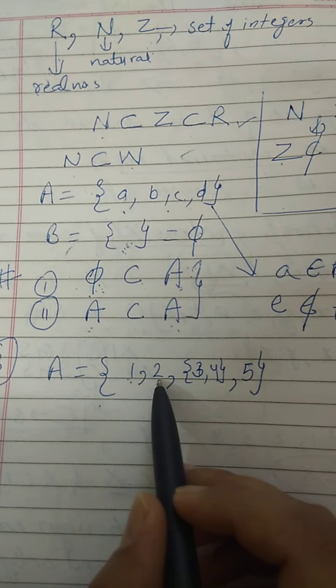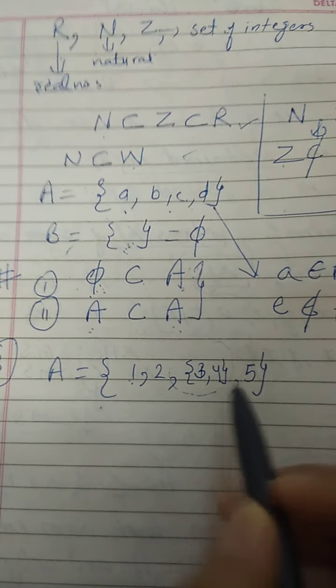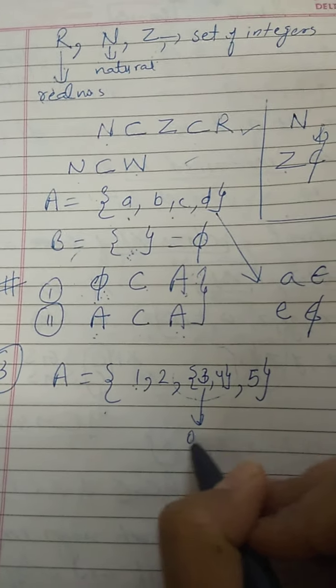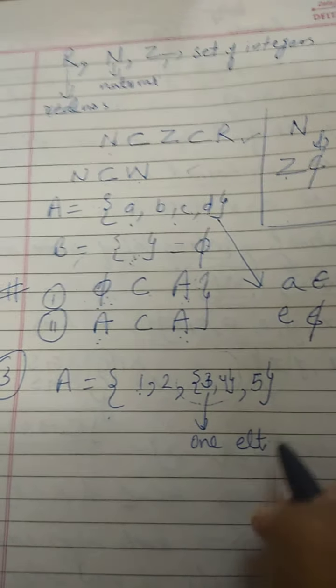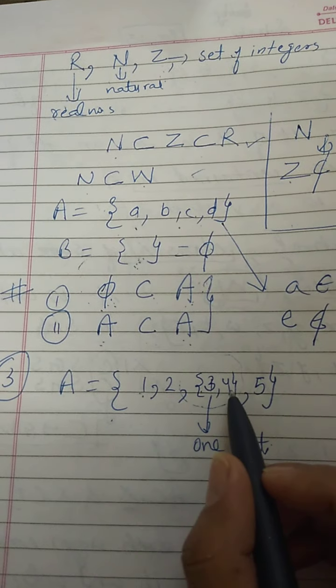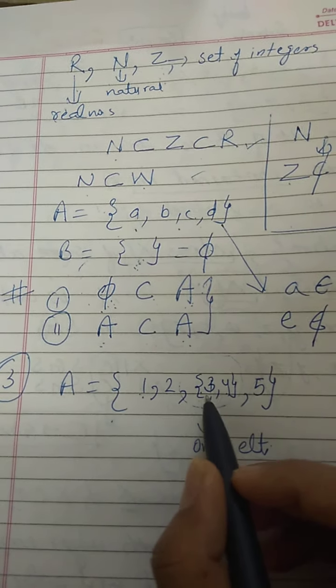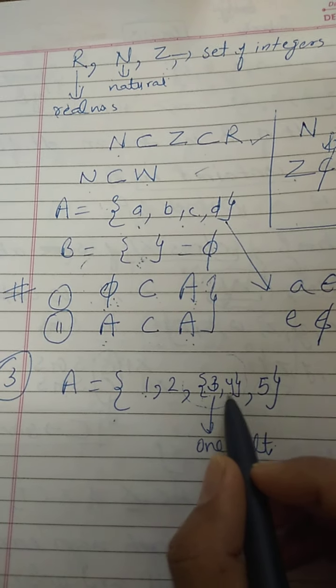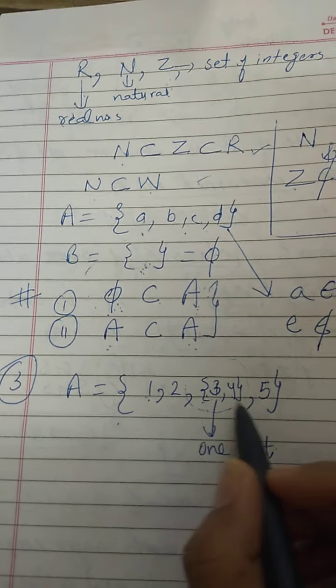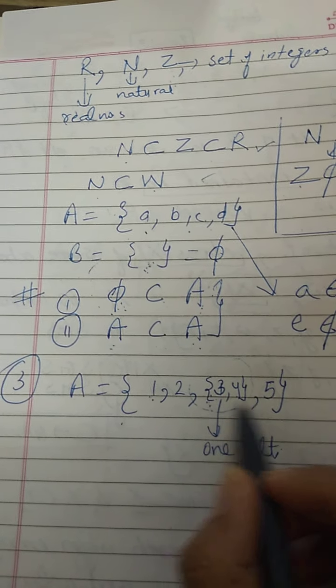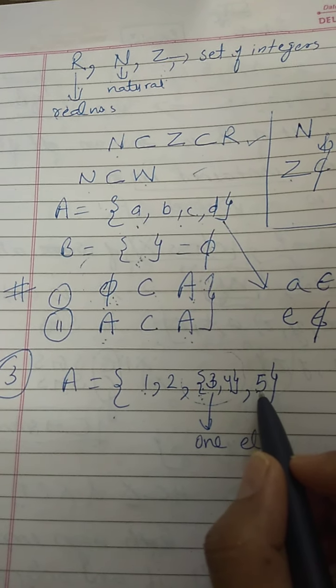There is 1 element, 2 element, and this complete {3, 4} will be considered as 1 element only, right? It will not be considered as 3 being 1 element, then 4 another element. No, because this is complete 1 element, because it is written again within curly braces, right?